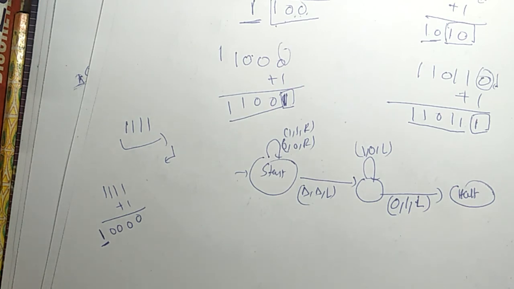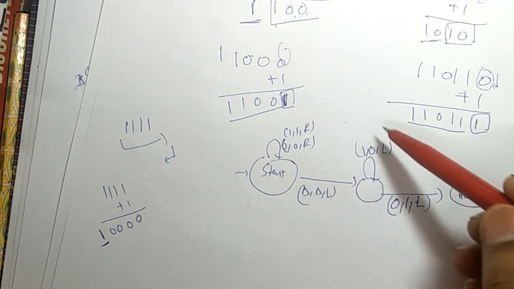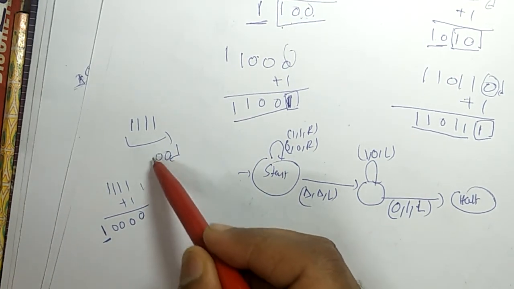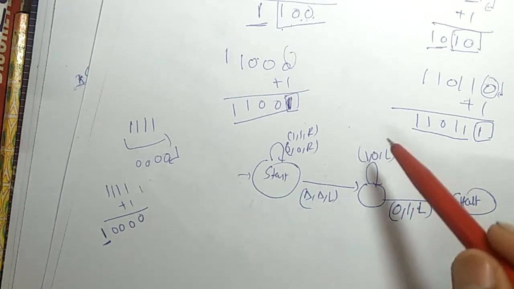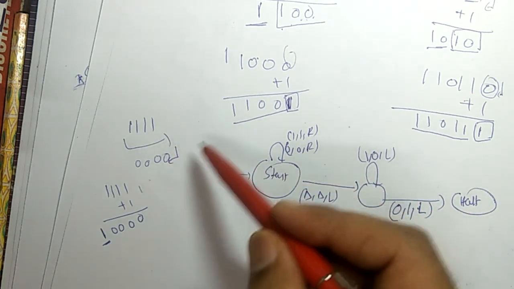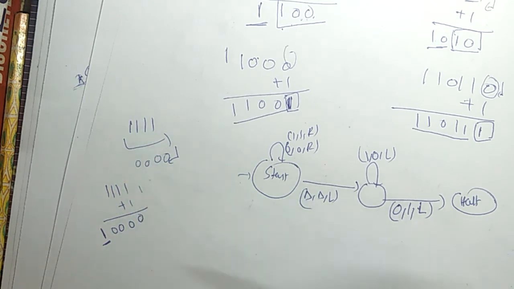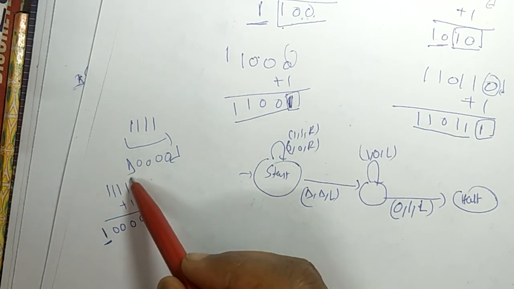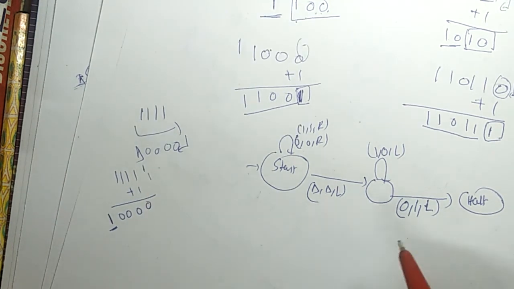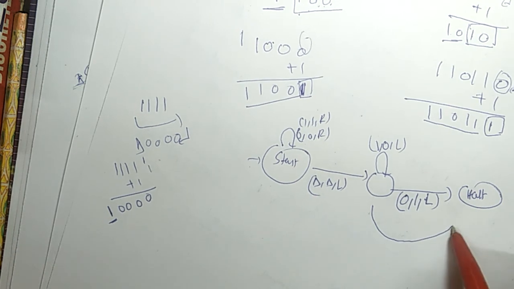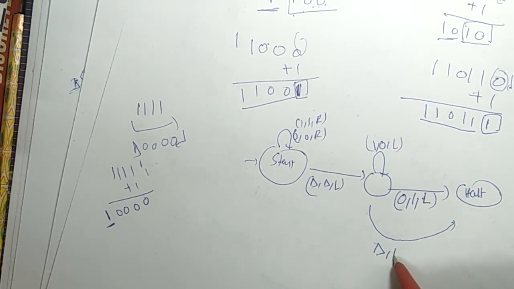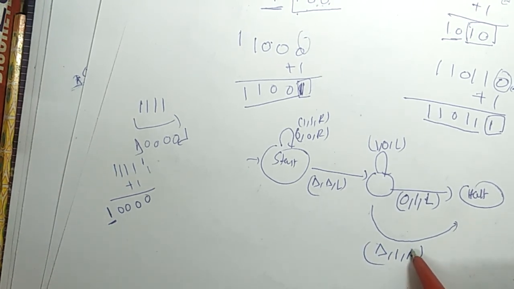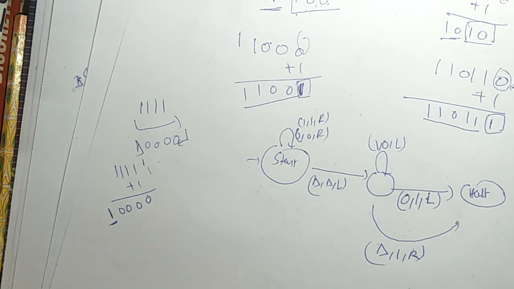So when you are returning from the right corner converting every 1 to 0, in the hope you will find the very first 0, but you didn't find it and you reach the blank, what you need to do is convert this blank to 1. If you didn't find 0 and you get the blank, you convert this blank to 1, and here you can halt.